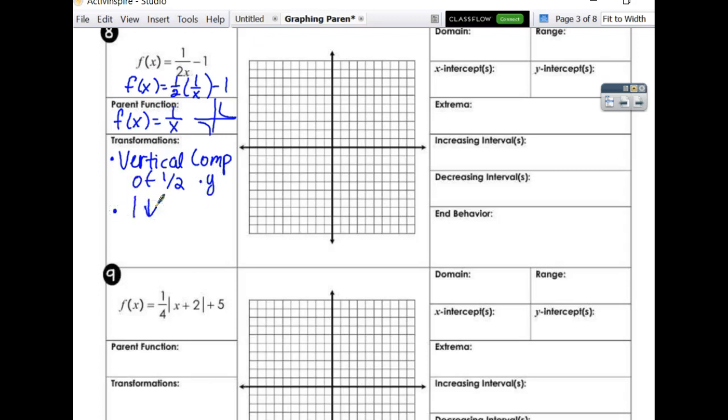So which asymptote is going to get shifted? This one or this one? Right. So this is shifting down 1. And this one stays the same.